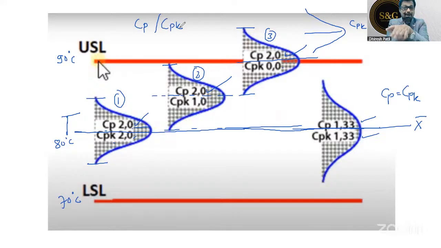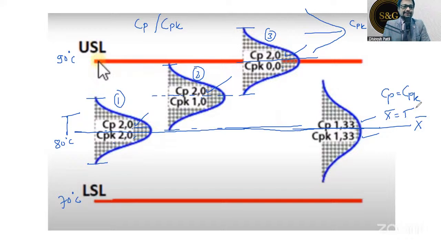And when Cp will match Cpk, type in the chat box. When X bar equals the target, the center, when my average equals the target, when my variation is less, then my Cp is equal to Cpk. Clear, everybody?